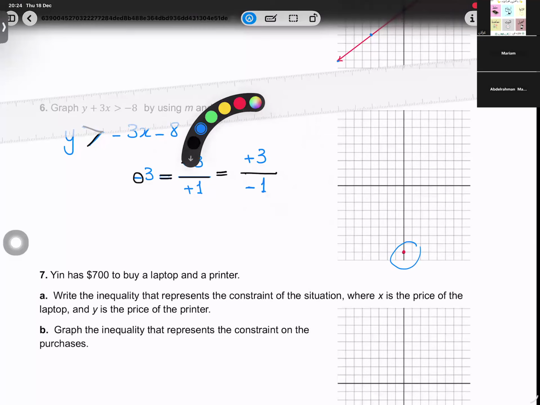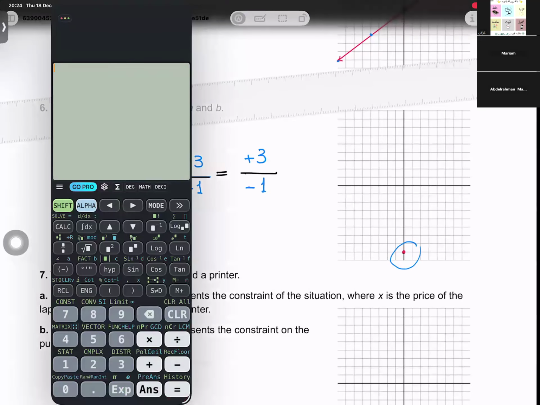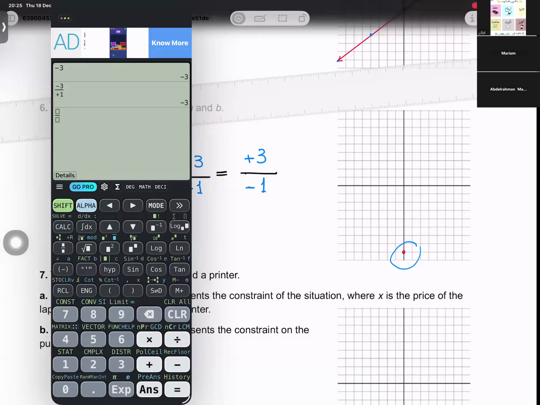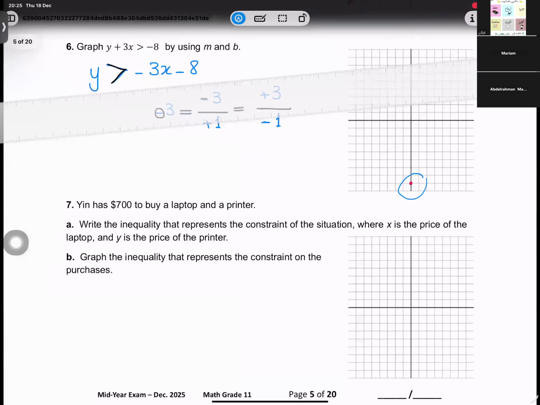Negative can be either up or down but not both, because if both, it will be positive 3. If we did minus 3 over minus 1, it would equal positive 3, not negative 3.